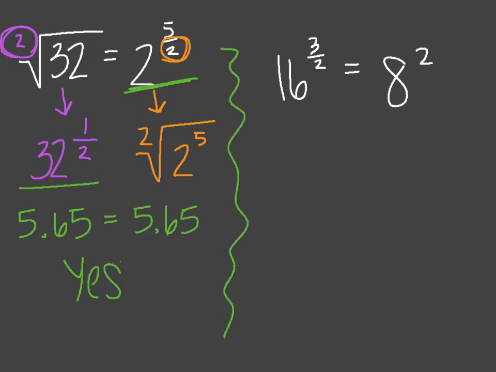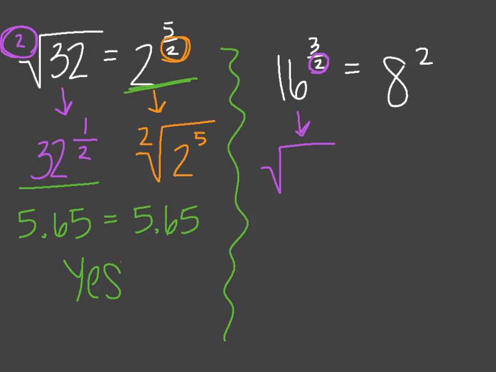Let's look at another problem. Again, the most important thing you have to show me is that you know how to switch formats. So here, 16 to the 3/2 power. Right now that is a fractional exponent, so I need to make it a radical. Again, the number on the bottom of my fraction always connects to the number on the outside of my radical symbol.